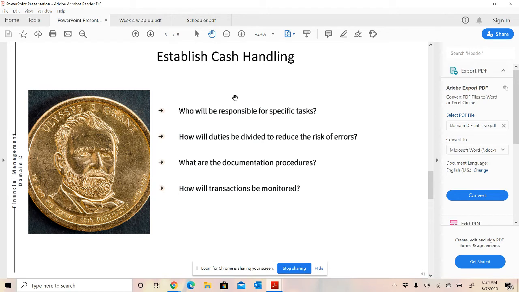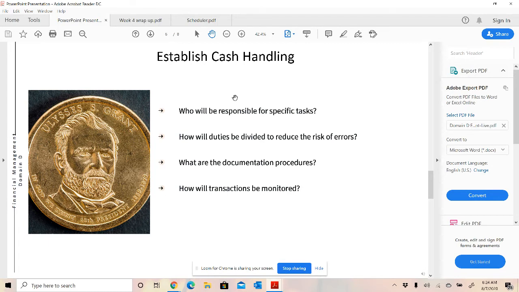Establish cash handling. Cash handling is very important, and you always want to make sure you are establishing your guidelines before any cash exchanges hands. You want to make sure that you answer these questions. Who will be responsible for specific tasks? How will duties be divided to reduce the risk of errors?